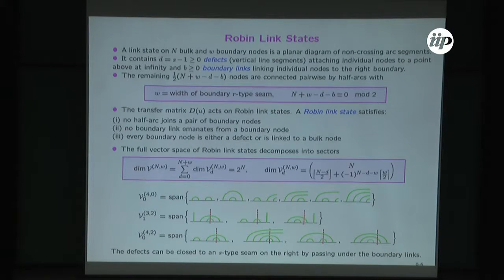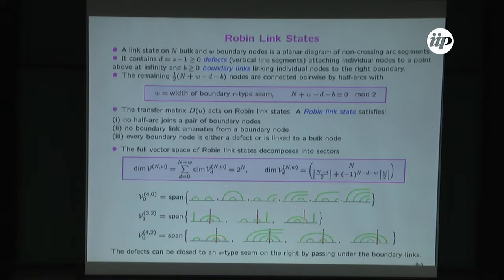Since we have no local degrees of freedom, we obtain matrix representations by acting diagrammatically with our diagrammatic transfer matrix on linked states, mapping back to linked states. So we have a Hilbert space, if you like, or a vector space, more accurately, that we act on with the diagrammatic transfer matrices to form matrix representations.